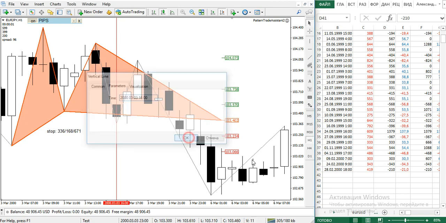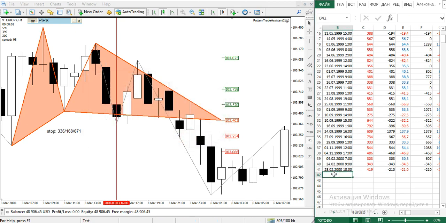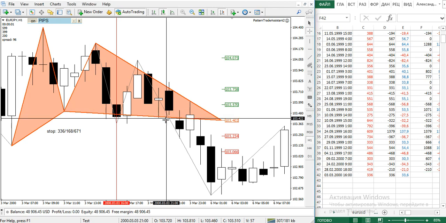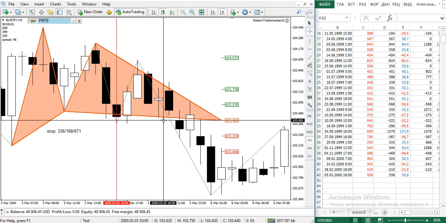I type my time, then I type my initial risk, 336, then I type my first target, 336 back, and here I should type 0, but we had a gap through my 0 stop loss. Okay, this gap is very insignificant.